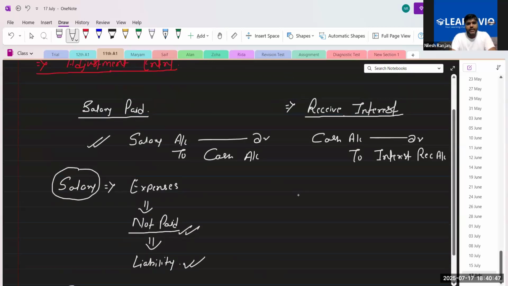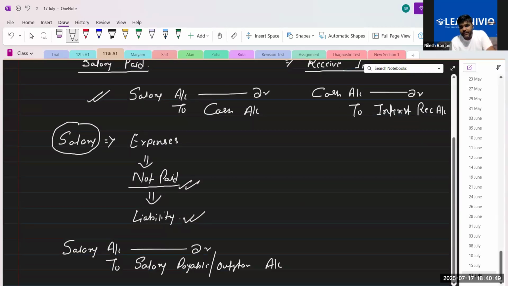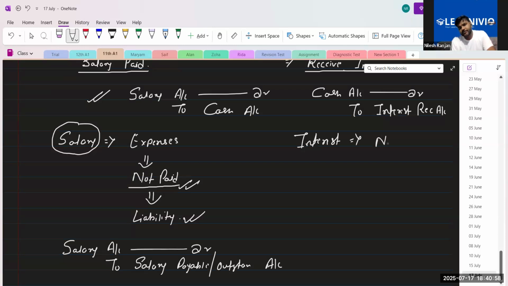In the same manner, if we have to receive the interest, it is receivable, and we have not received it. So what will happen now? It will become an asset. Interest is income here, and income not received on time. So it will become an asset.